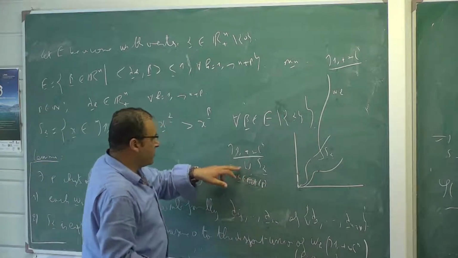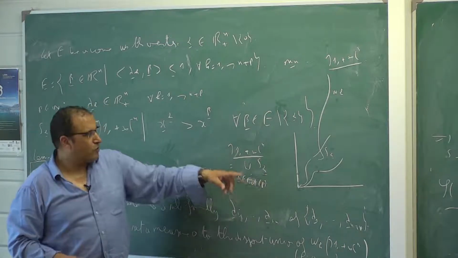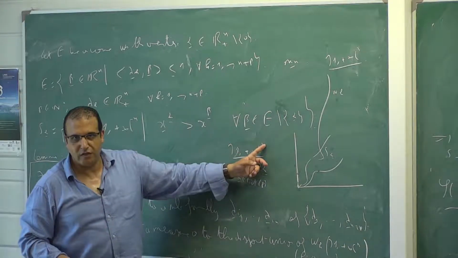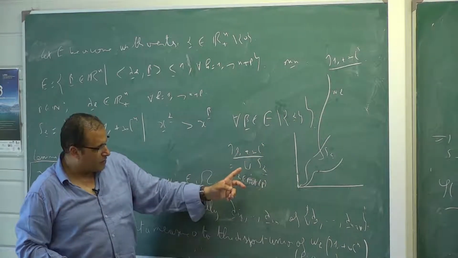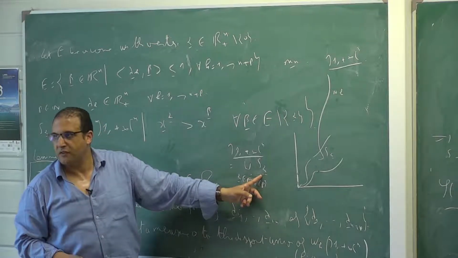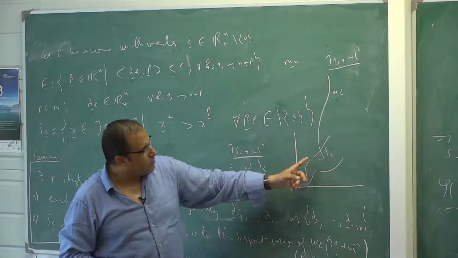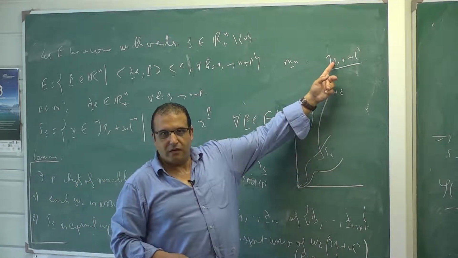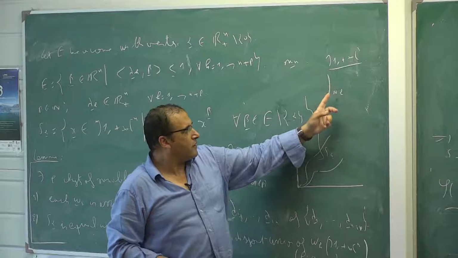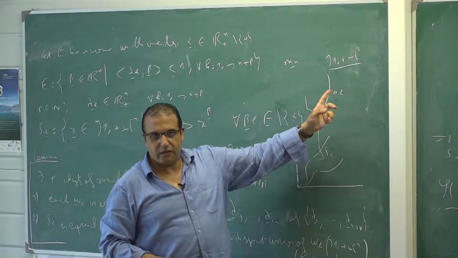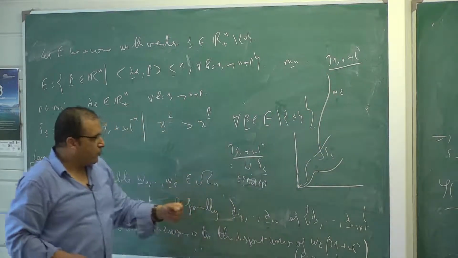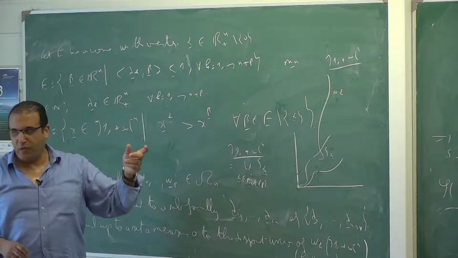So if you want to study your function here, you just have to decompose the integral into the sum of integrals on these sets, and in each set you use this transform, and this transform has a good property because it transforms your polynomial to a polynomial with a dominant monomial.